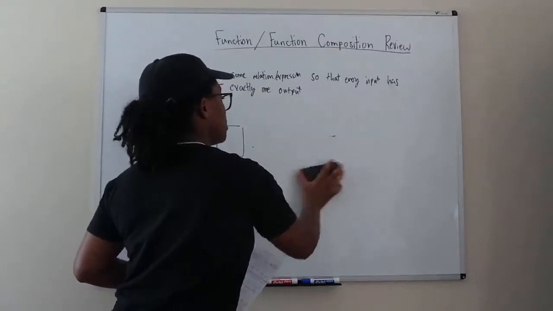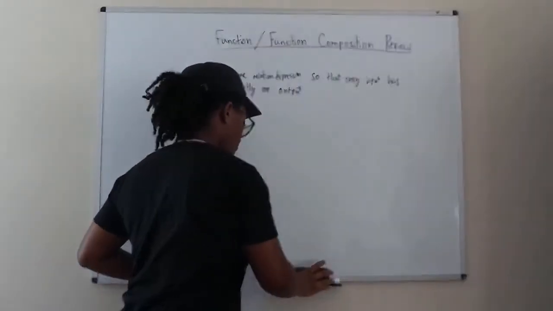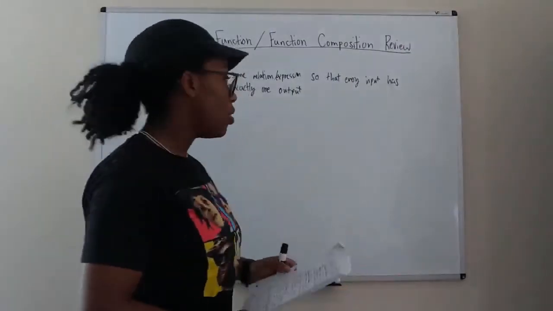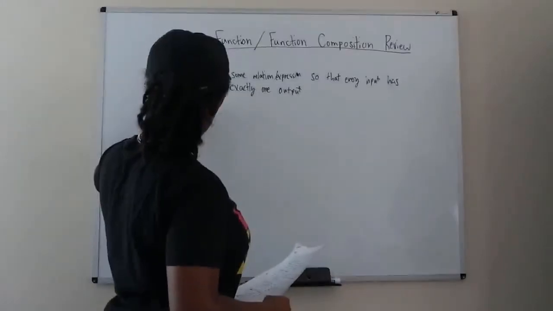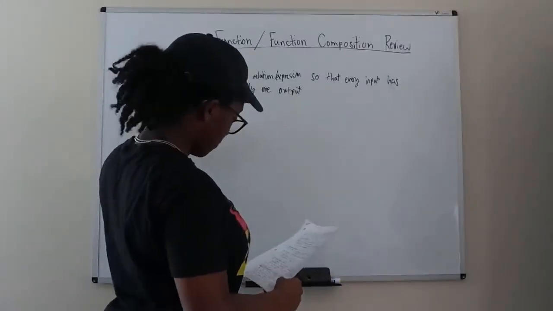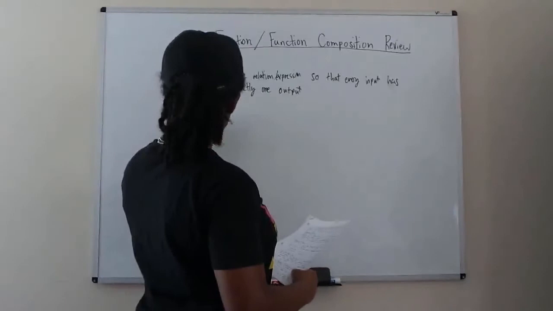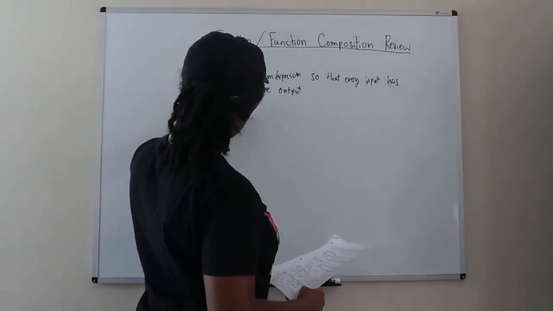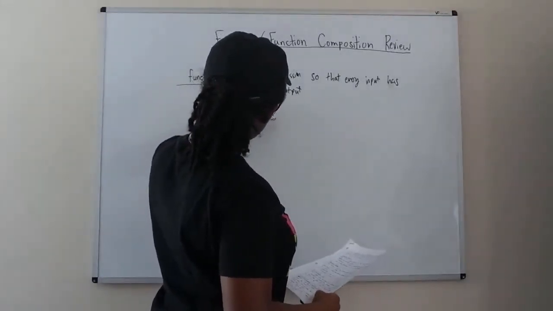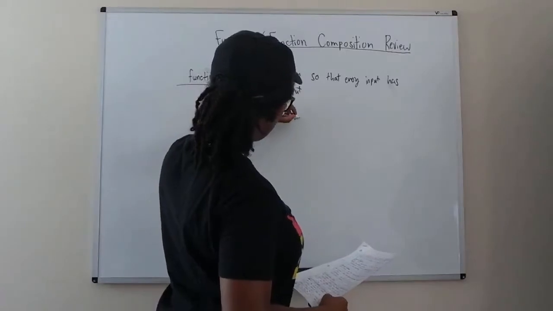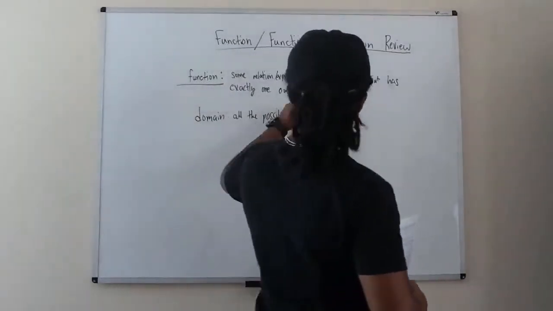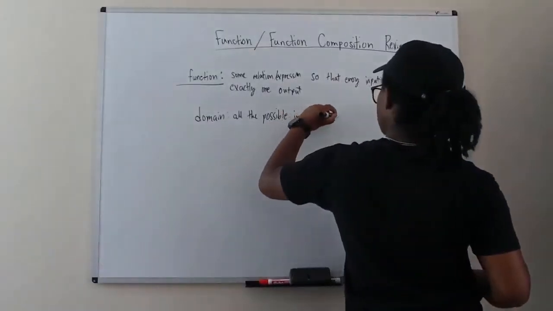And so that kind of leads into the more formal names for input and output, which are domain and range. So domain is all the possible input values a function has.